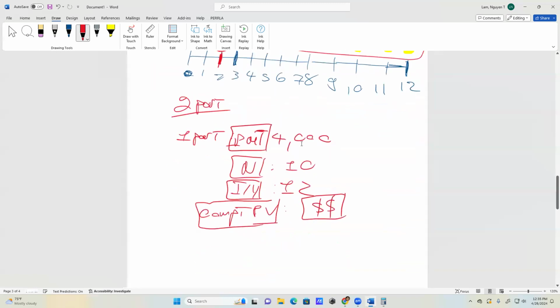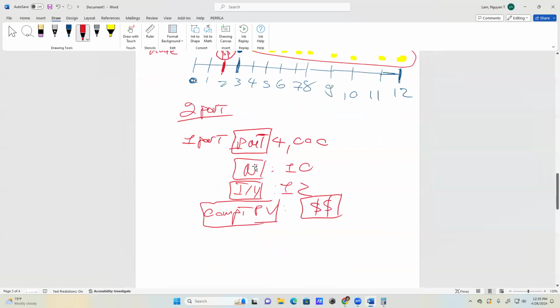Right? Why is it a 2-part process? It's because in the second part, you have to discount this dollar sign back to the present value, right? And that should be easy, right? You're gonna hit future value, because now in this case, you treat this payment that you found as a future value.